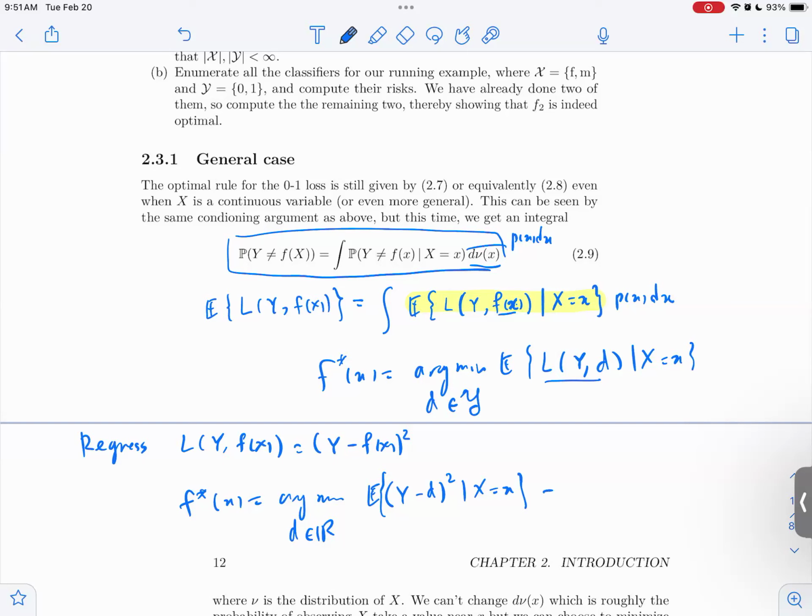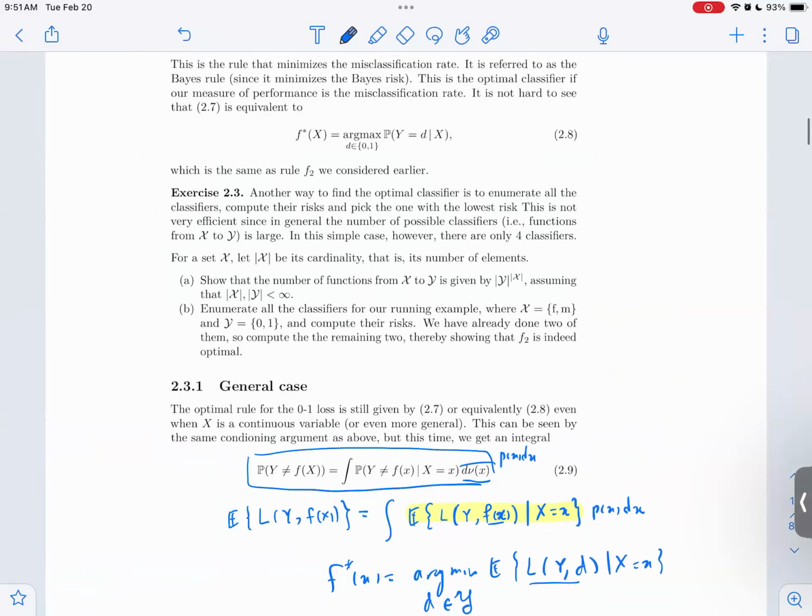This would be the conditional expectation of y given x, which is what we call the regression function. So in the context of regression, it would be the regression function. In the 0-1 loss case, it would be a 0-1 function rather than real-valued.